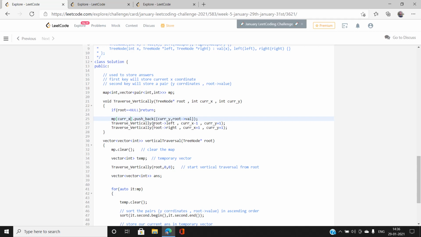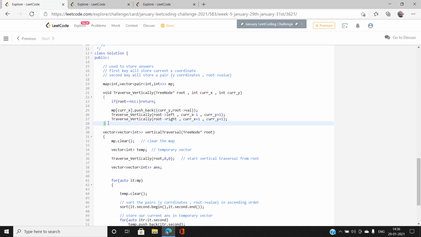When we move left, the x coordinate is always going to decrease, and the y coordinate is always going to increase, because we are moving to more depth. And when we move right, our x coordinate will be incremented by 1, and the y coordinate is also incremented by 1. So this is the recursive function that is going to give our answer.